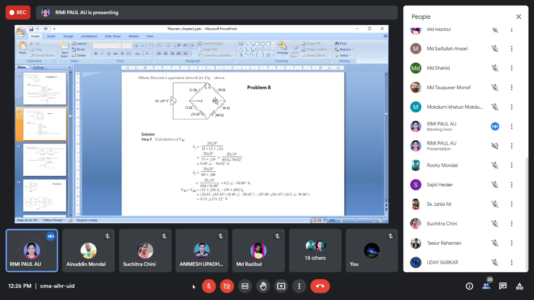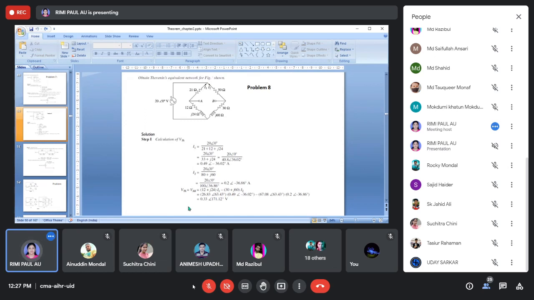Just like we lift two hands, suppose I lift by holding two points, then this branch and this branch, these two branches will be side by side, and similarly if I open this node, then this side and this side will be side by side. So when this will be side by side, we can imagine the current will divide.